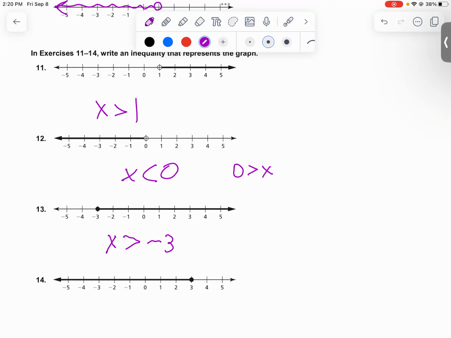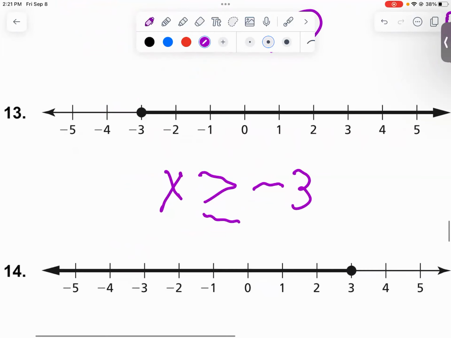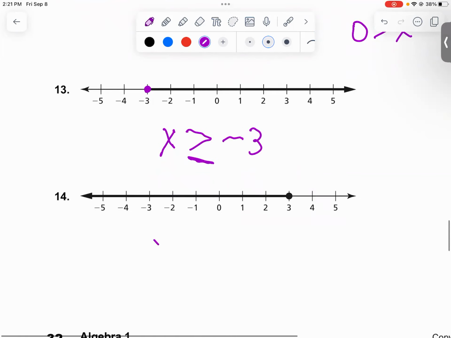Oh, wait. There we go. Okay, nice and straight. Now, notice how, since we have a closed circle, Virgil went back in and put greater than or equal to. X is less than or equal to 3 is this one.